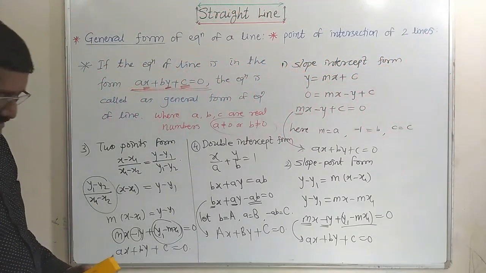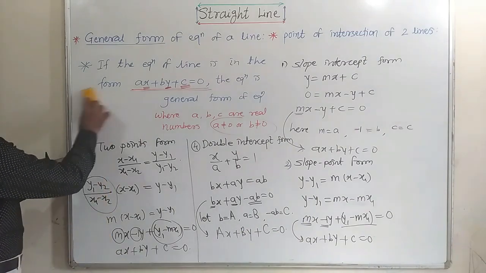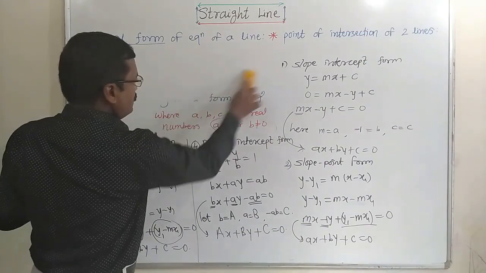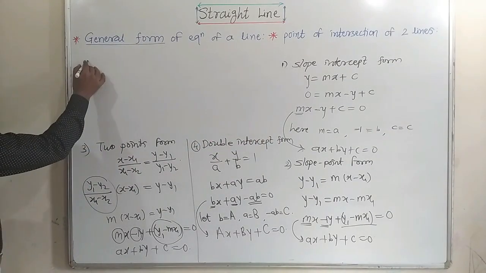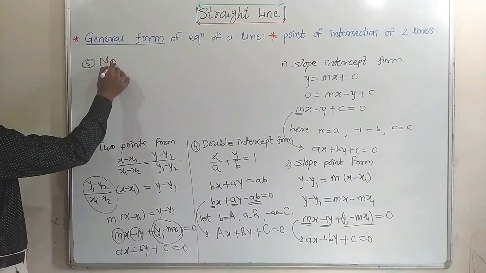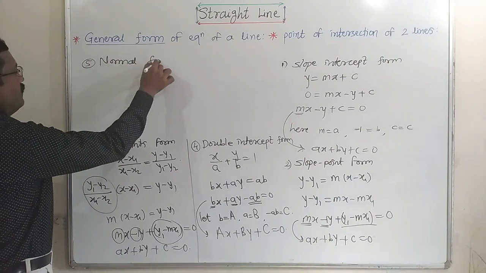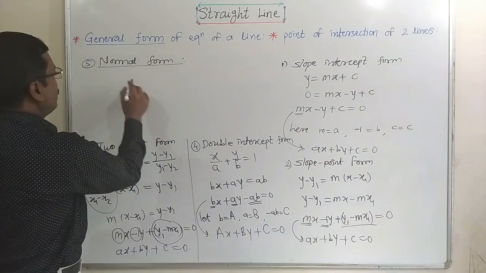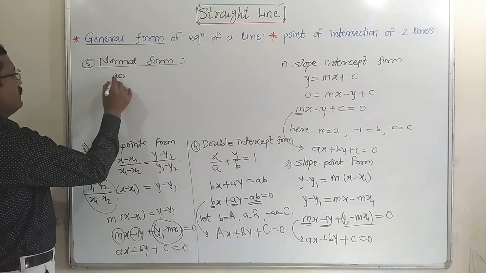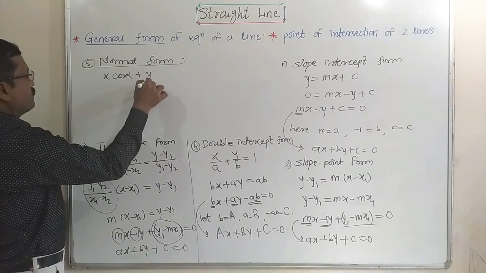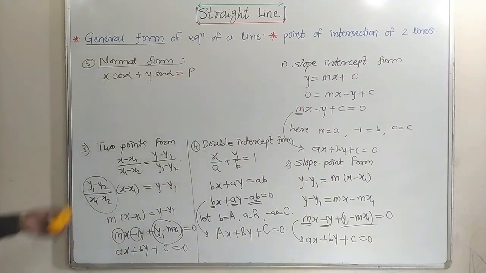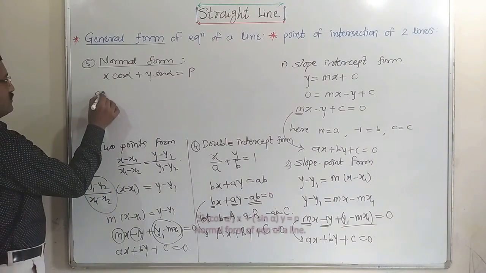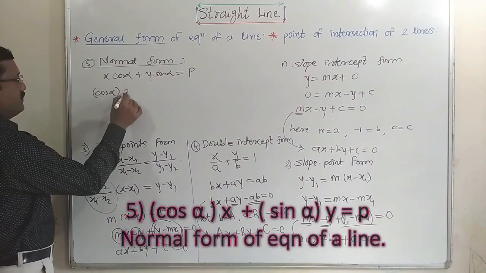Now let us convert the last form, the normal form of equation of line, into the general form. Our normal form is x cos alpha plus y sin alpha equal to p. Already this normal form is close to general form, because cos alpha is a constant, so it becomes the coefficient of x.